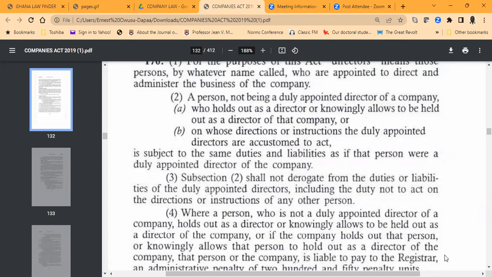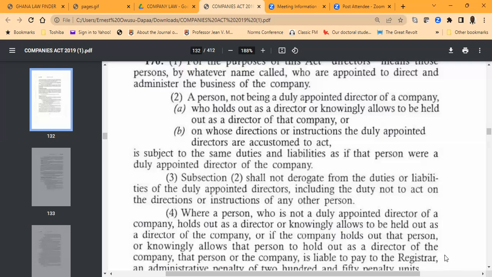Now, the second scenario is, if you look at the English company law literature, maybe they use the language called shadow director. Shadow director. And of course, as I said, that language is not used in our 992, but the substance or the essence of section 172B actually speaks to that. That is a person on whose directions or instructions the duly appointed directors are accustomed to act. So somebody has properly been appointed a director, and he has consented in writing, as we have seen, to be appointed a director.